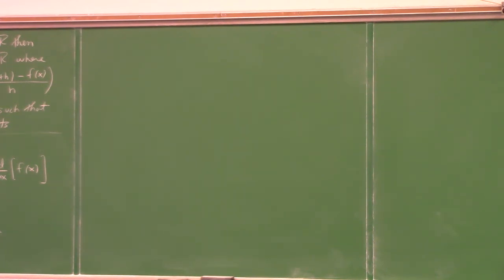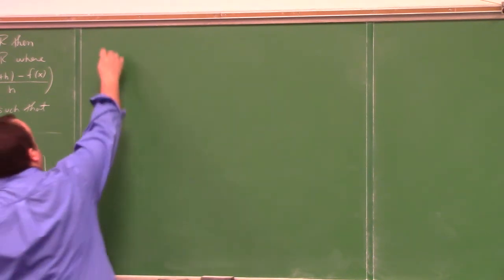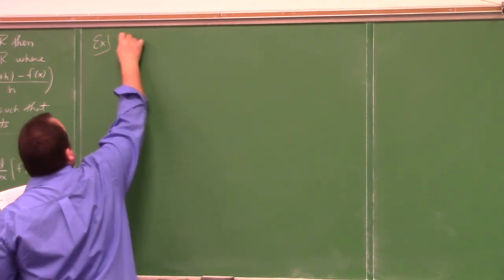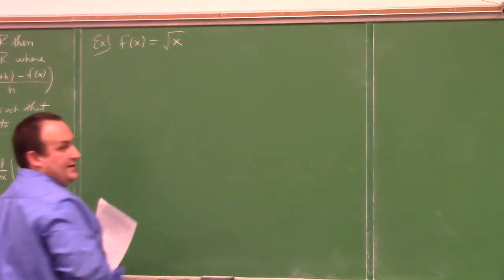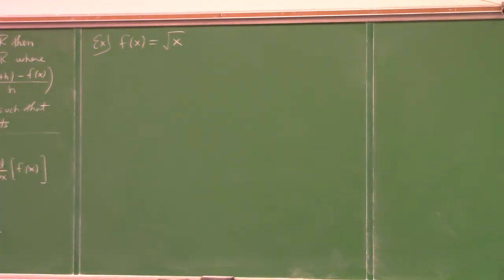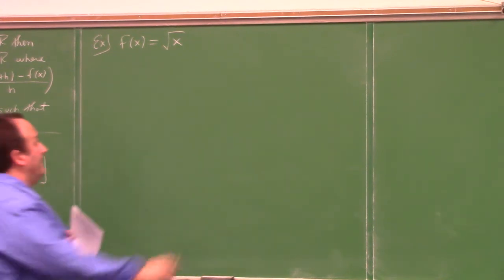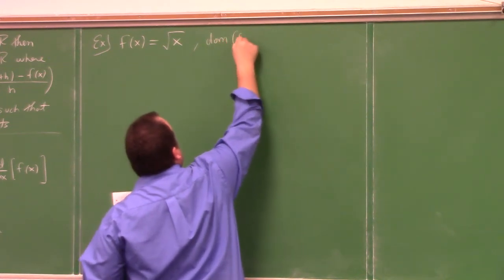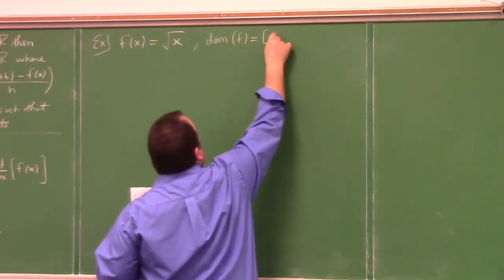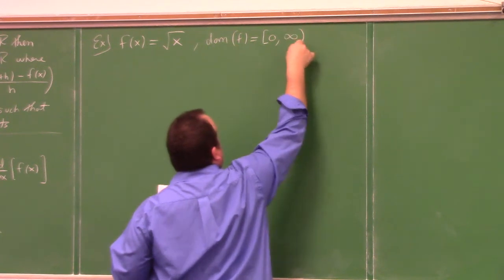So let's look at an example. F of x equal to the square root of x. We can calculate the derivative function for this. What's the domain of this function as it stands? The natural domain here is 0 included to infinity.